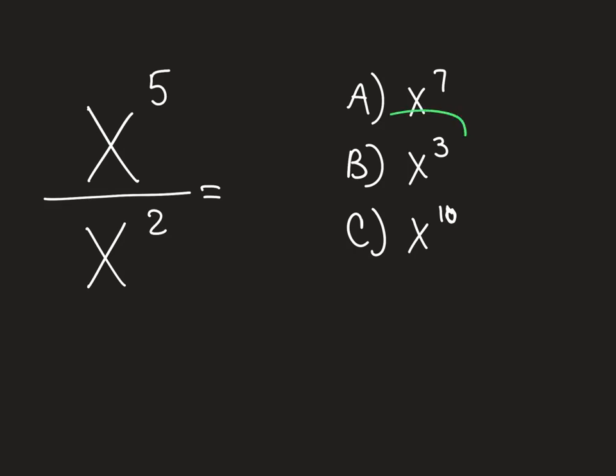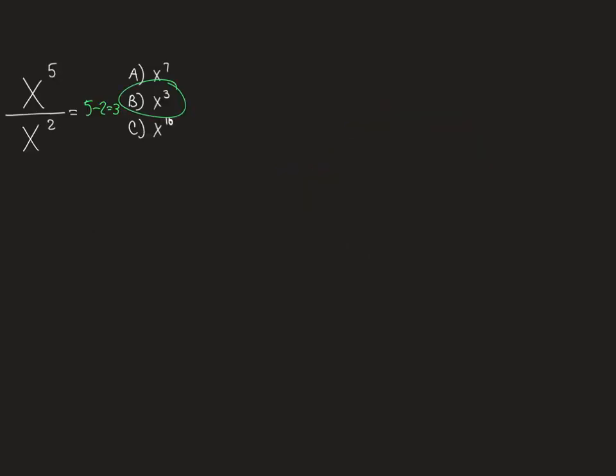The correct answer was B. 5 minus 2 is equal to 3, so it's x to the 3rd. Now, what would have happened if we'd had the 2 on the top and the 5 on the bottom? Well, you can think of this in two ways.